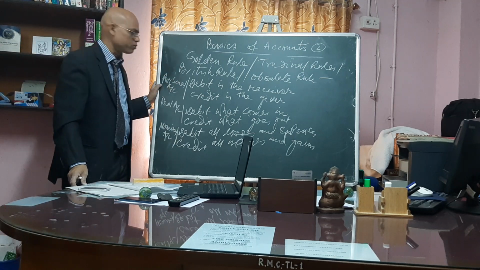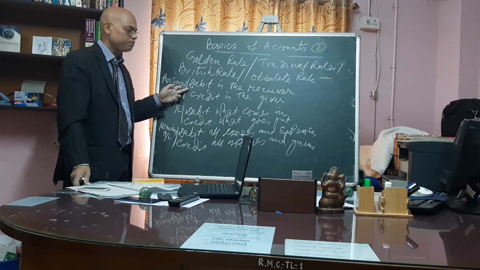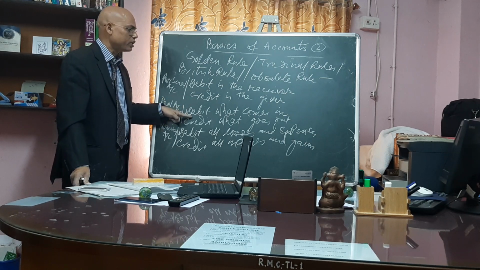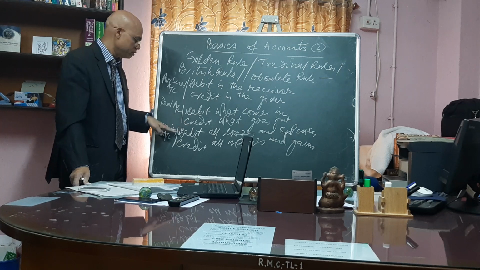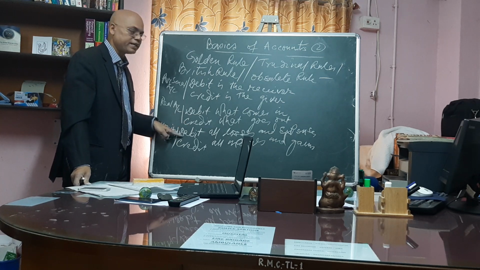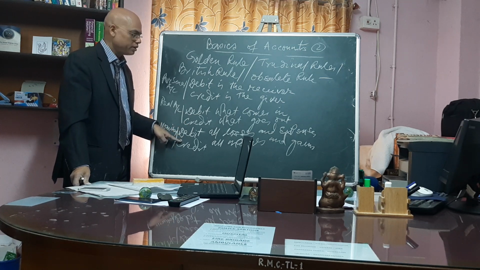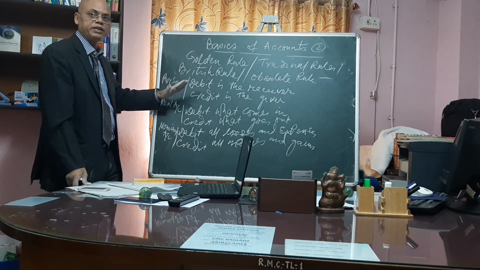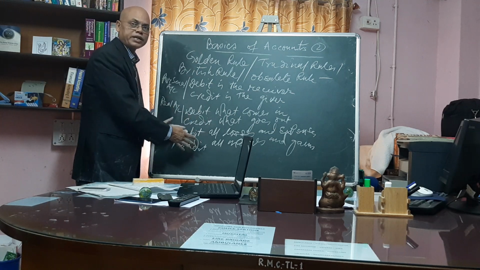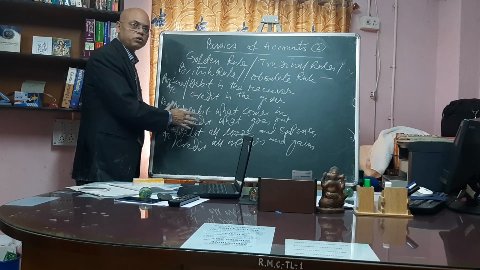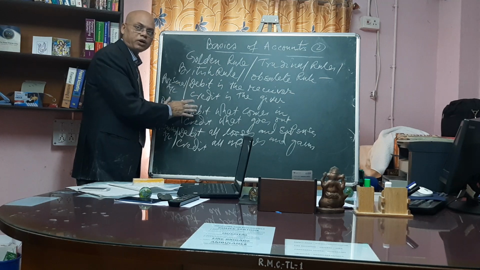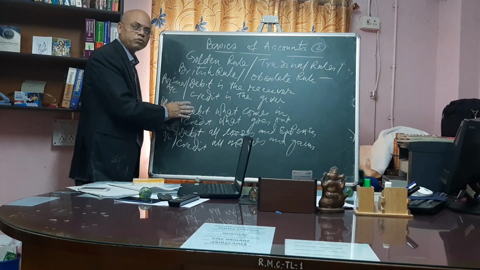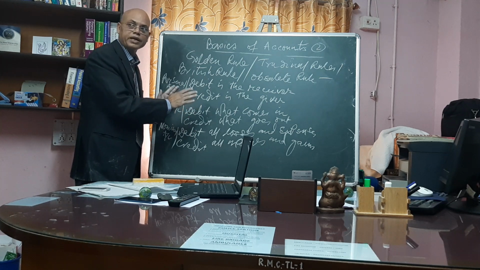Again I am telling you, for personal account, debit is the receiver, credit is the giver. For the real accounts, debit what comes in, credit what goes out. For nominal account, debit all losses and expenses, credit all incomes and gains. And again I am telling you, for understanding this set of rules, the student should know very clearly what is personal account, what is real account, and what is nominal account, already which I have discussed in detail.